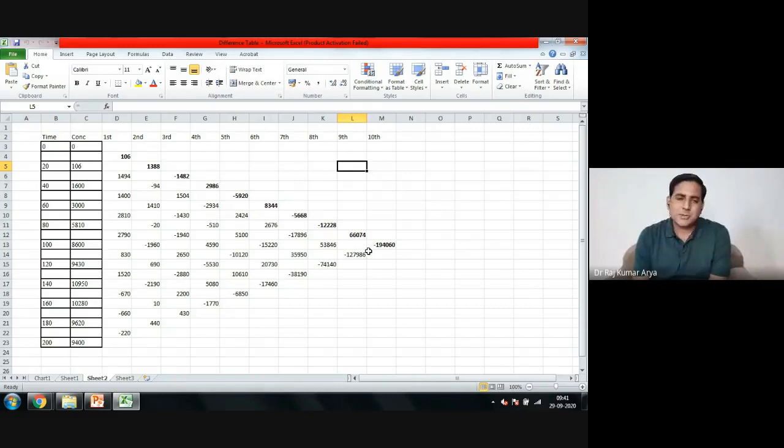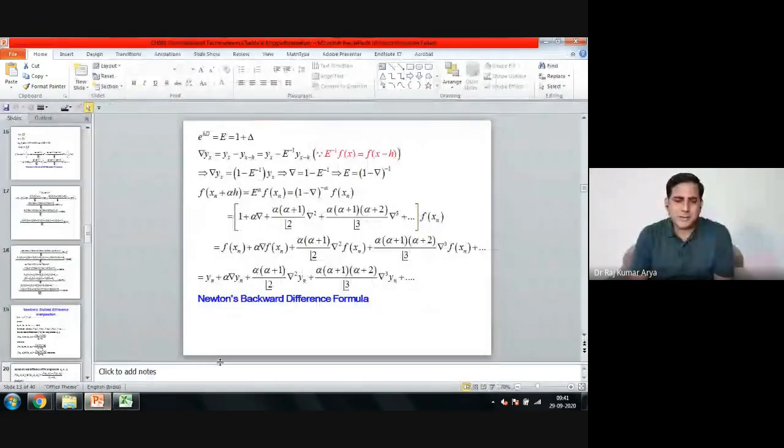So you will do the same thing for the backward one. If you want to finish it quickly, you can do it now, or if you want to take time, you can do it at home. Does everybody have a calculator or not?